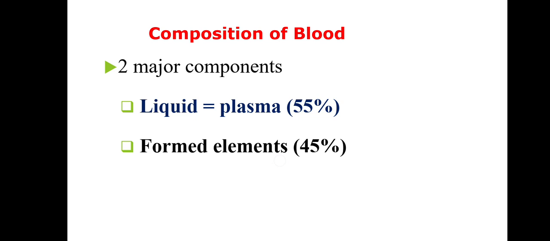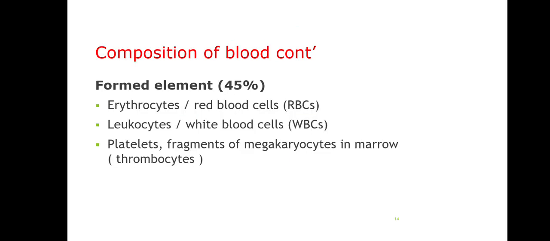And whenever we're talking about plasma, we're talking about the liquid. So what is within this liquid that you should know? Now let's look at the plasma. That's where we're going to focus more. And the formed elements we're going to talk about in the next tutorial.